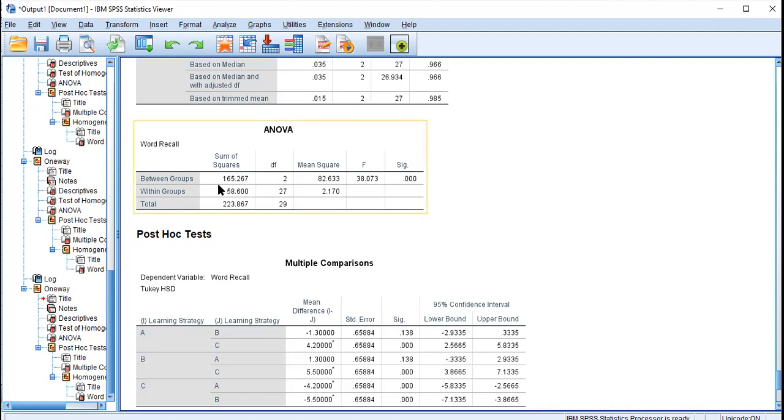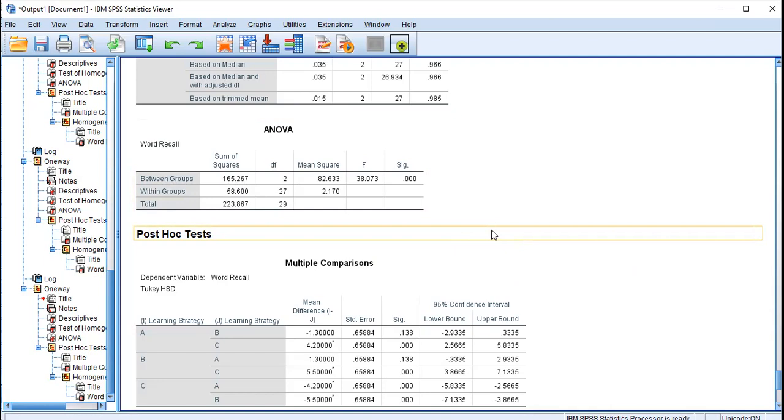Eta square is equal to the sum of squares between groups divided by the total sum of squares. The numerator is 165.26767, the denominator is 223.867, and the answer comes to 0.74.